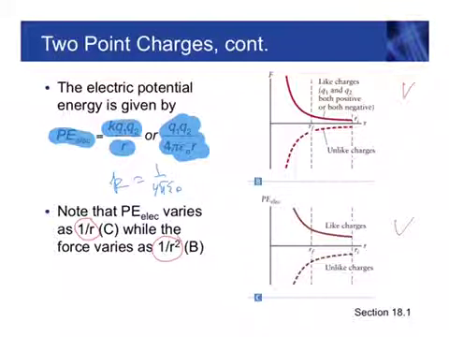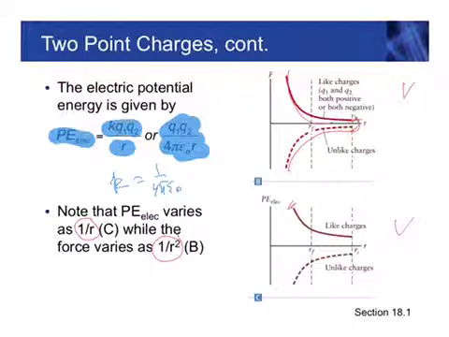You have the force between like charges over here, and unlike charges over here. One is positive, another negative. The further away we are from the zero point, the smaller the force is. Obviously, the further away two particles are, the smaller the force is between them. The same goes for potential energy.